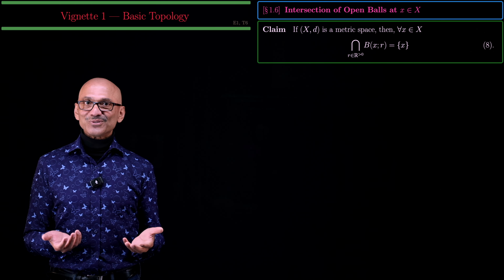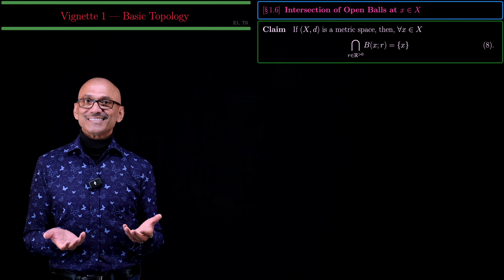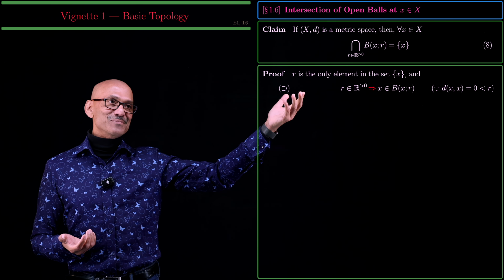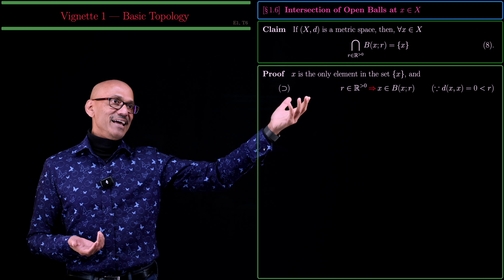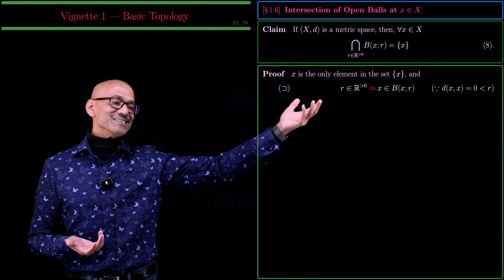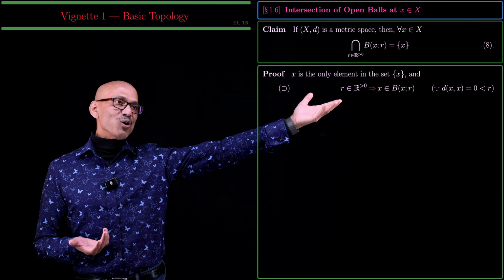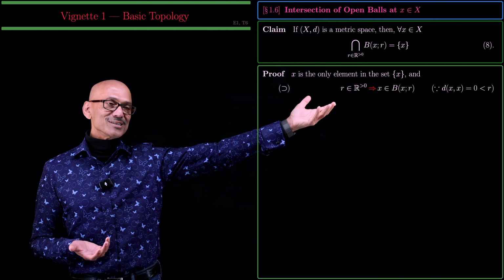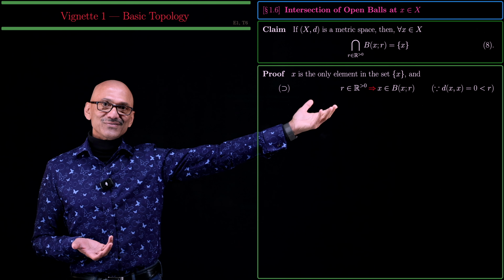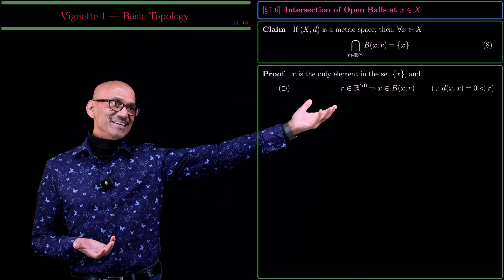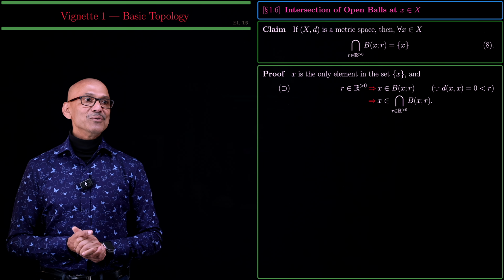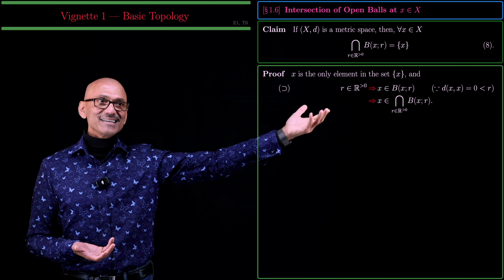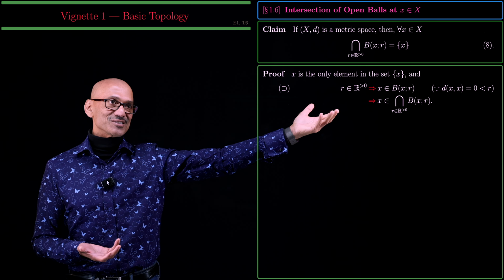The right inclusion is trivial, so let's attempt that first. x is the only element in the singleton x, and for any positive real r, x belongs to the open ball centered at x with radius r because the distance from x to itself is 0, which is less than r. So since x belongs to all open balls centered at x, x belongs to the intersection of all open balls centered at x.